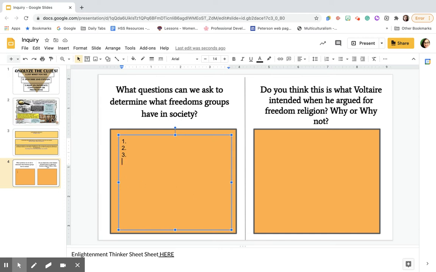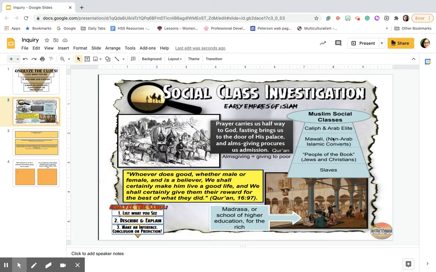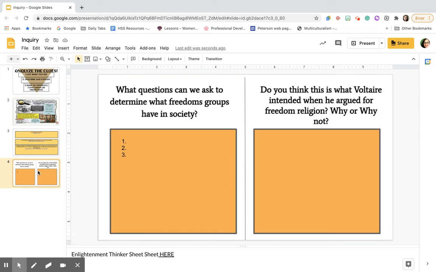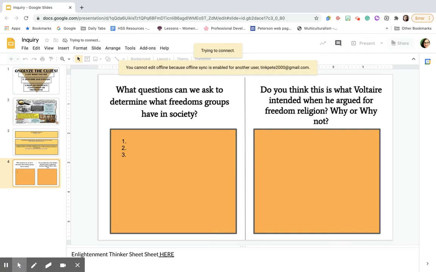The groups here are the caliph and the Arab elite, the Mawali, the non-Arab Islamic converts, people of the book, Jews and Christians, and the enslaved. What questions can we ask that will help us determine what freedoms each of these groups had? When we look at what we know about feudalism, we know that the serfs didn't have any freedoms. What questions could we ask about this social class?